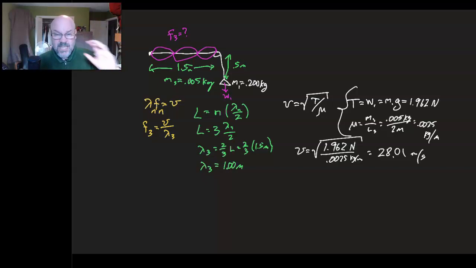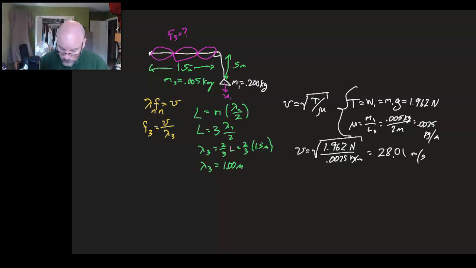It was the speed of sound. This is just a vibration on a string, and there's no set number for what that's going to be. It's always going to depend on whatever tension, whatever mass. But it is almost certainly going to be way less than the speed of sound. So if you get a smaller number, it's not a big deal. It doesn't mean you did something wrong necessarily.